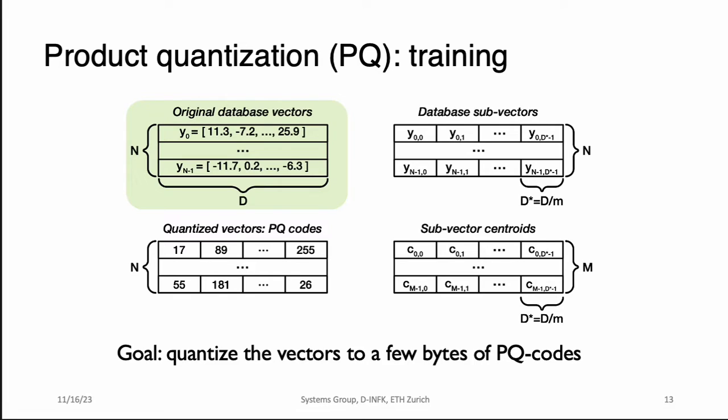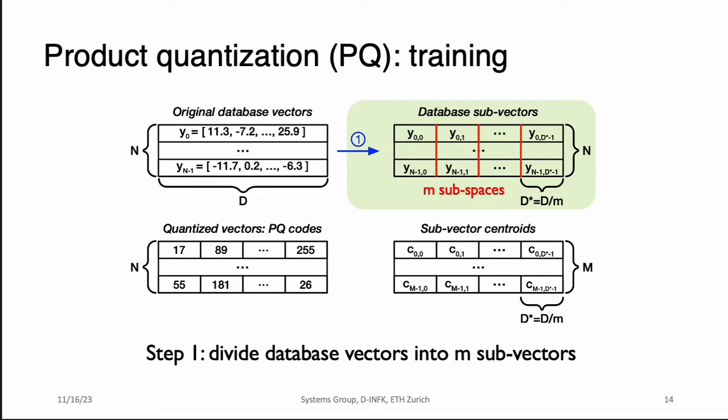Now let's move on to the product quantization part. The motivation here is that given a very large vector database, we would like to reduce the memory footprint of the vector search. We also want to save some bandwidth when scanning those database vectors. In this example, we have n database vectors, each with d dimensions. The first step during product quantization training is that we partition the database vectors into m subvectors.